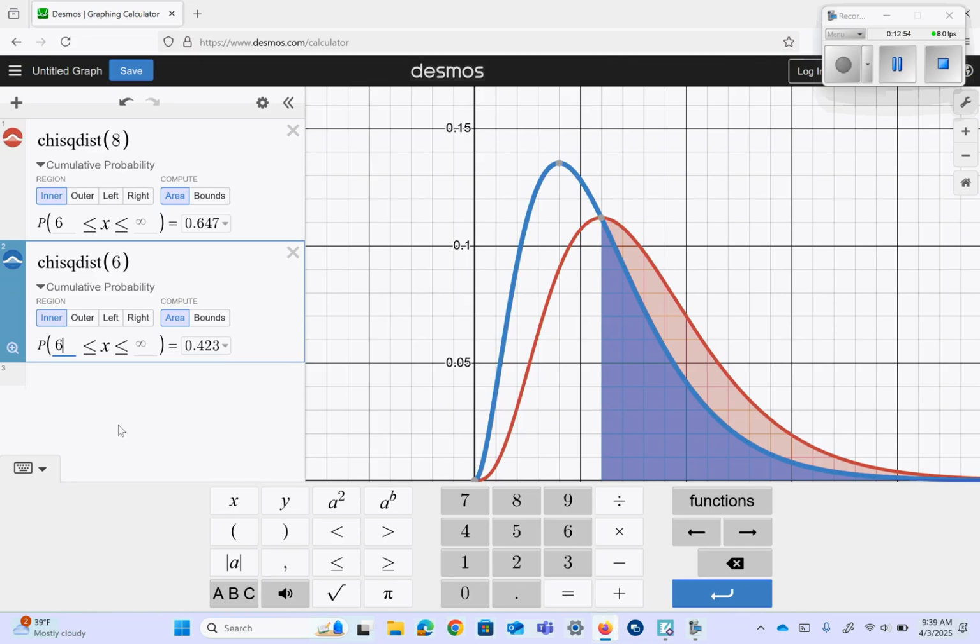I had a problem in my business calc class, and by playing a little dumb on it, I was able to get about half the class to say, I think it says this, and the other half said this. And it's like, well, what's the right way to think about it?